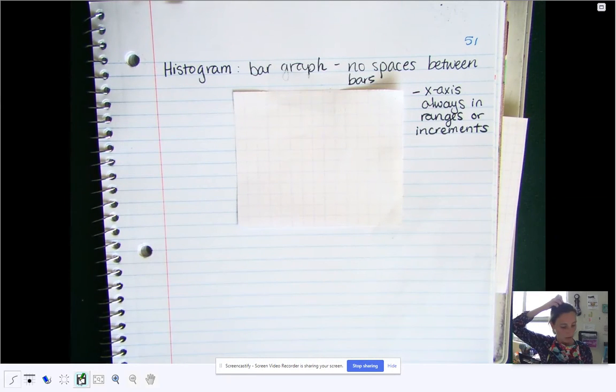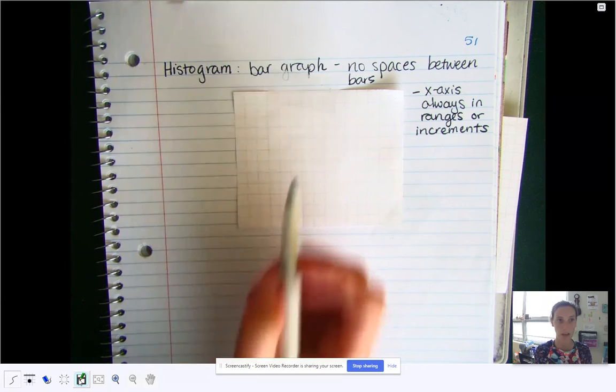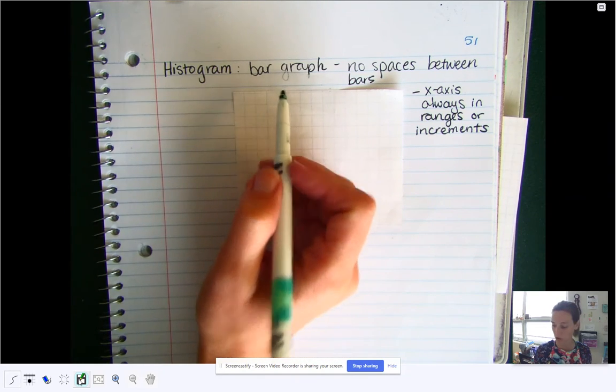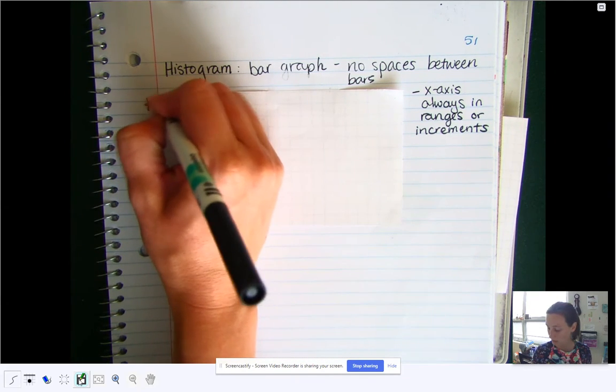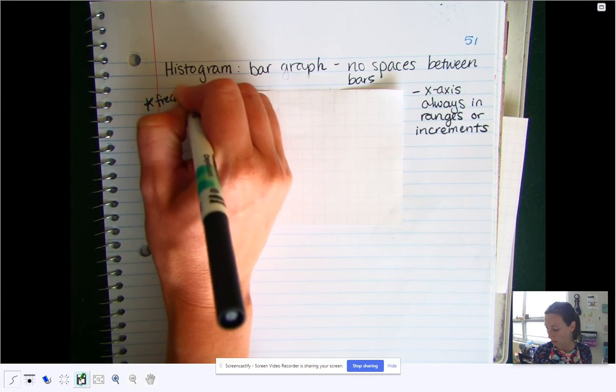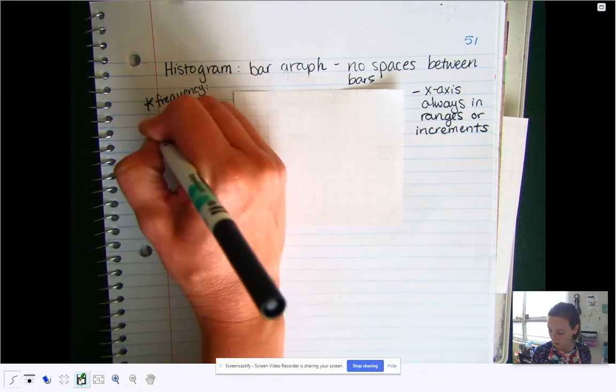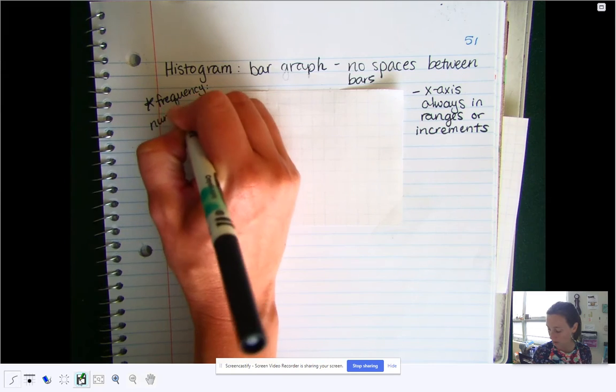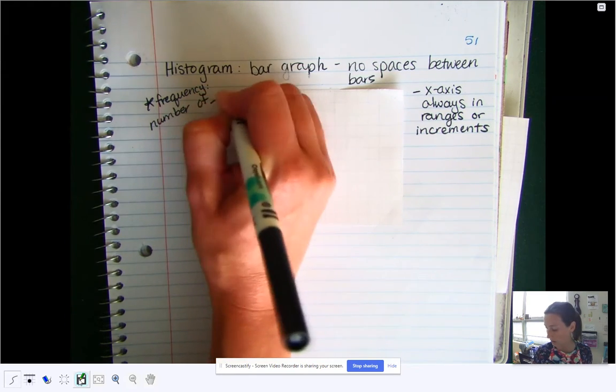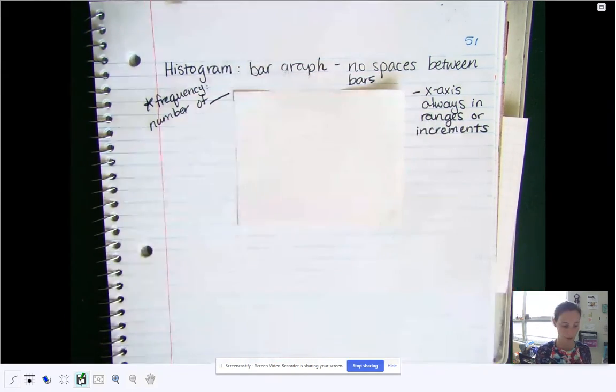And a bar graph is always showing frequency or the number of something that happened. So the number of whatever's in that particular range.